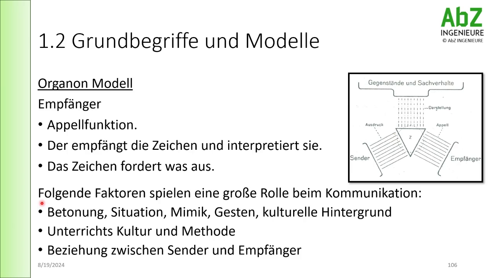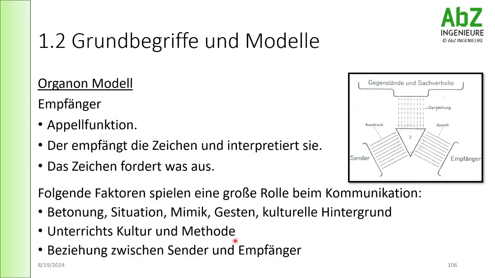The important factors which play a role in communication are basically the tone, the situation, the mimic, facial expression, the gestures, hand gestures, the cultural background when there are two people talking to each other from different countries.